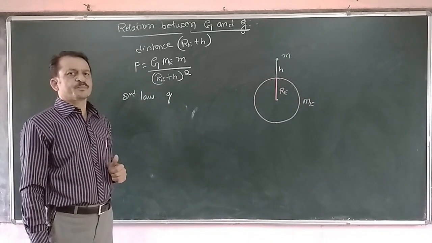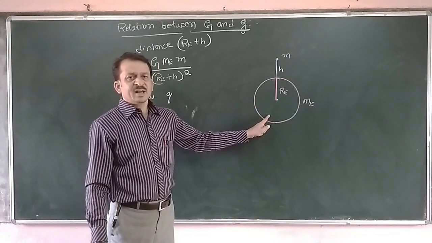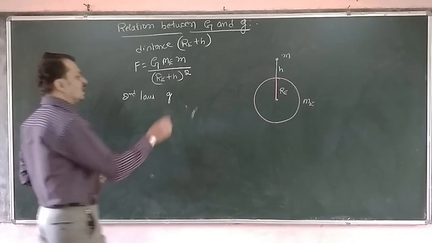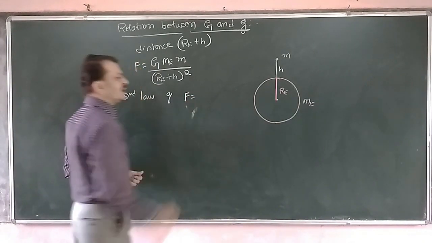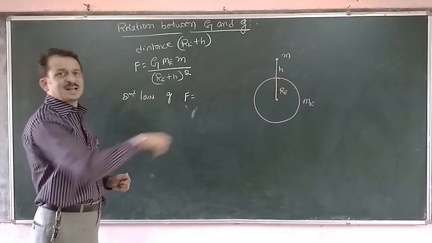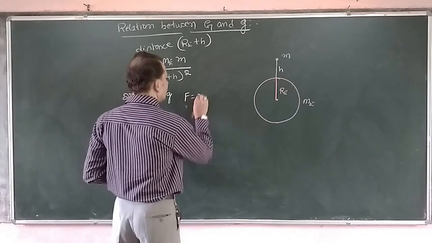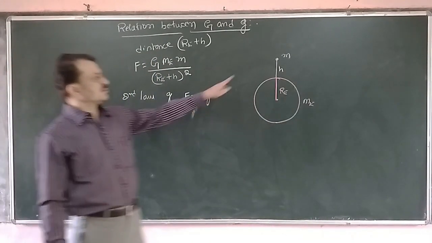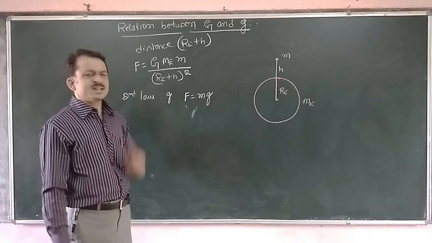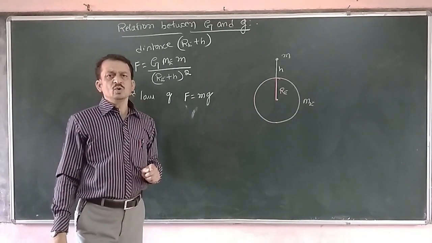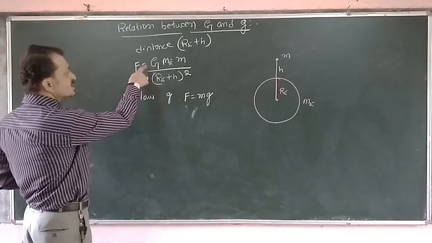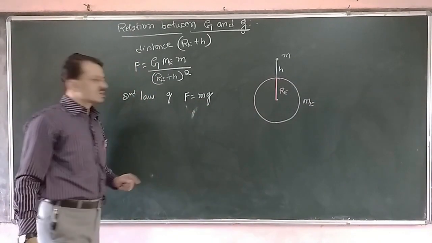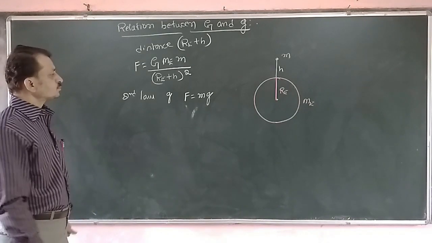Now the force exerted on the point mass by the earth is given by m into g, where small m is the mass of the point object, and small g is the acceleration due to gravity. Here capital G is the universal gravitational constant, and small g is the acceleration due to gravity.